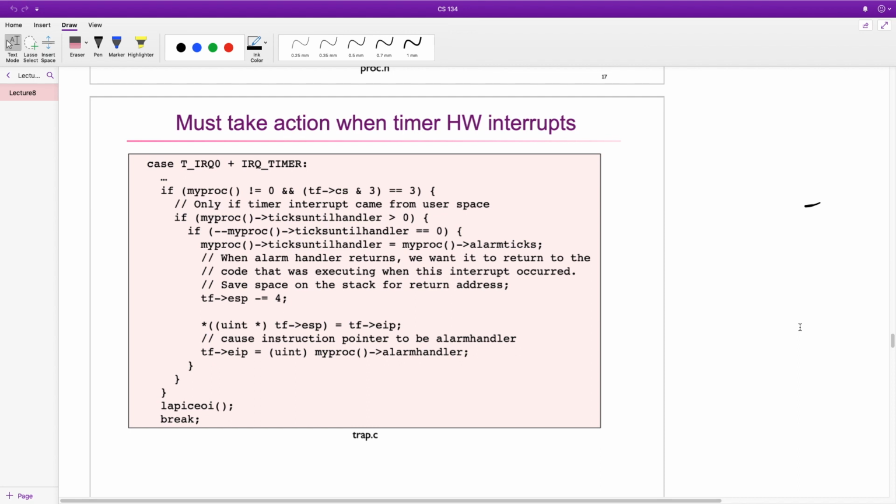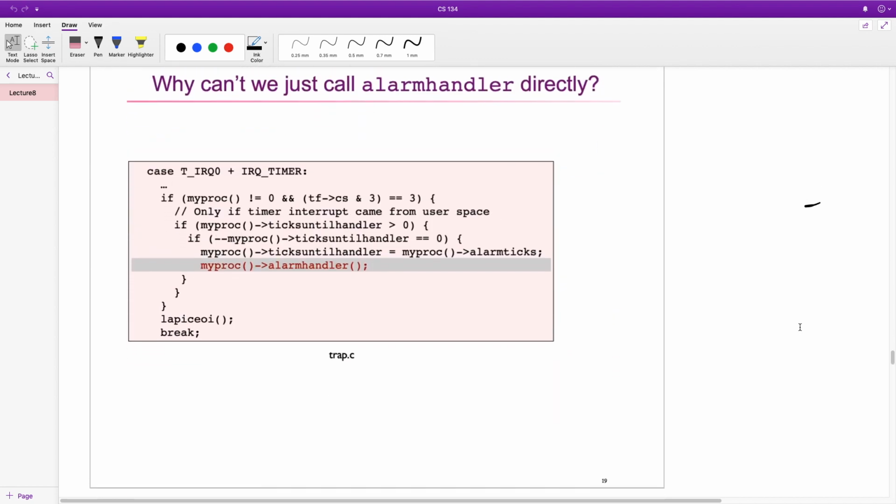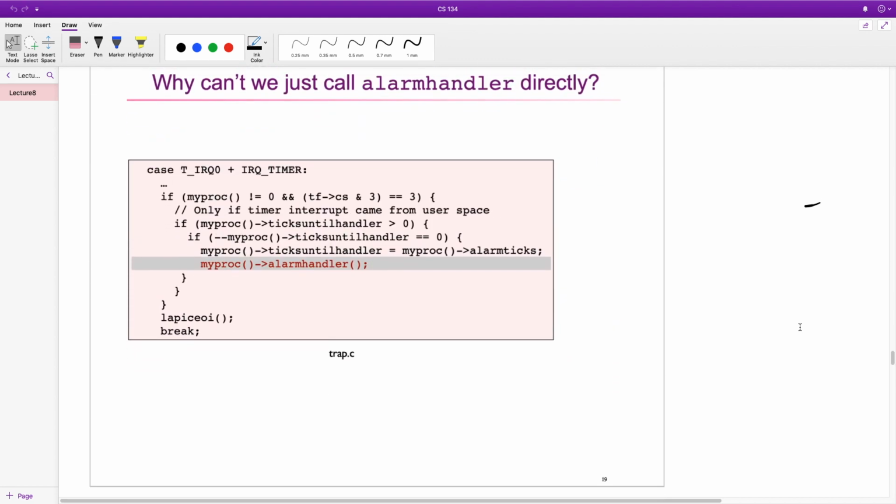The problem. So let me give you one possible way you could write this. And in fact, people wrote it this way. OK, it's gone off. Let's just call the handler. What happens?